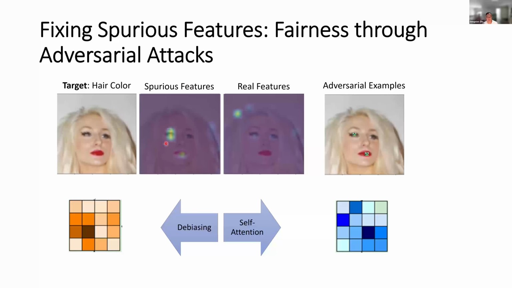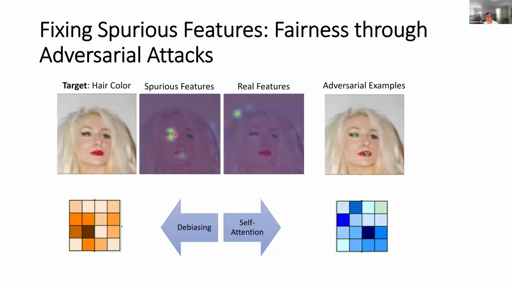The real features, of course, are on the hair, because the target is the hair, not other parts of the face. But unfortunately, many vision transformers or other computer vision models learn features that are not on the hair, but on the eye or lip.